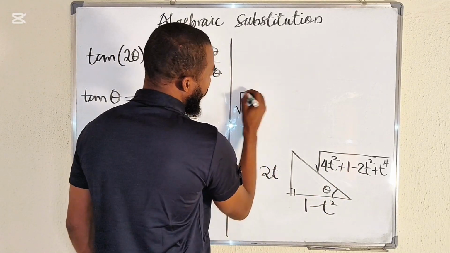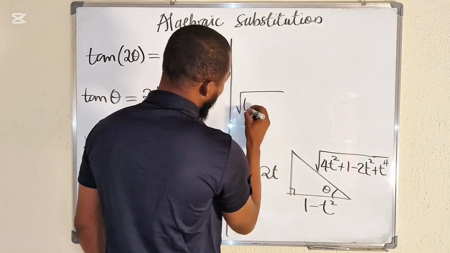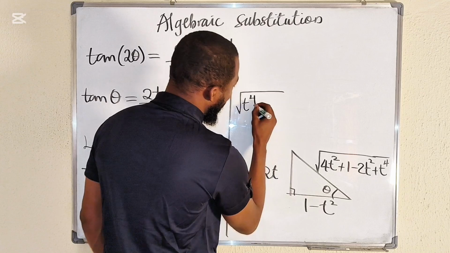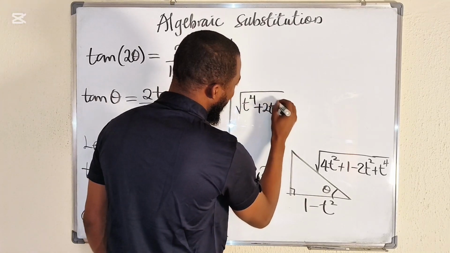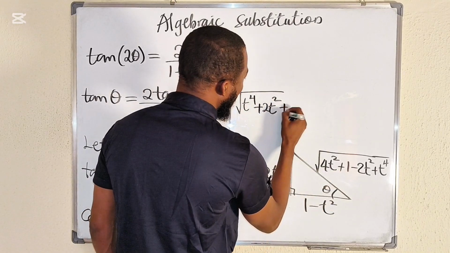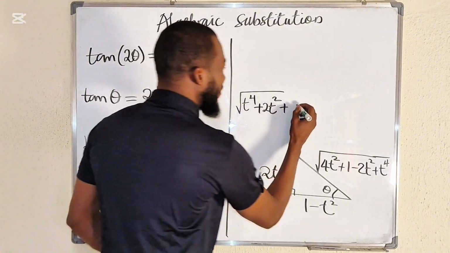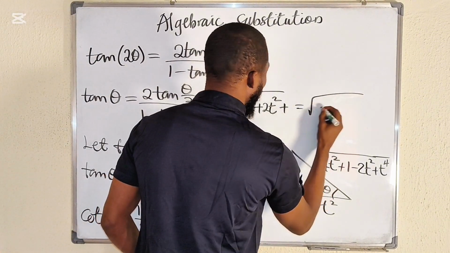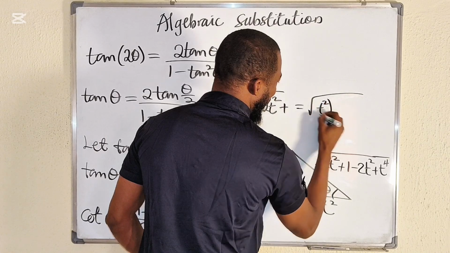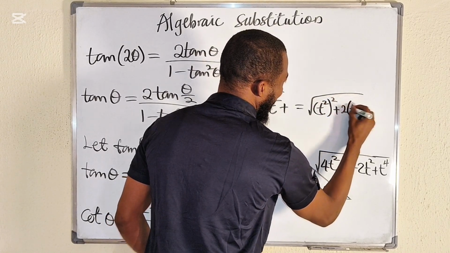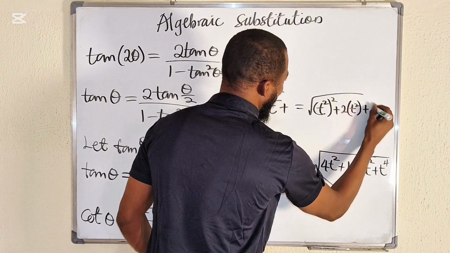This will be the square root of t to the power of 4. 4t squared minus 2t squared is just 2t squared. Then we have plus 1. This can be written as the square root of t squared all squared plus 2 times t squared plus 1.